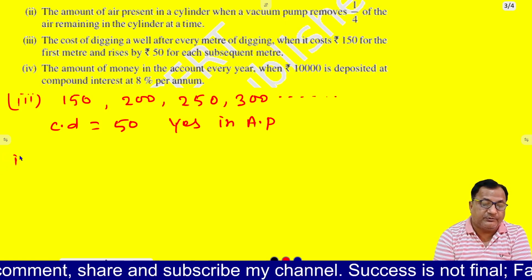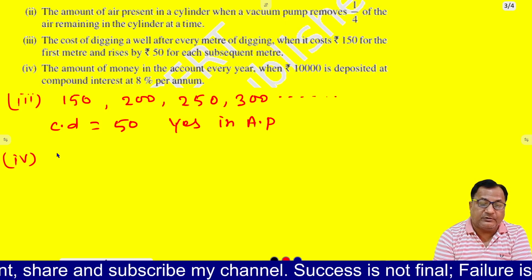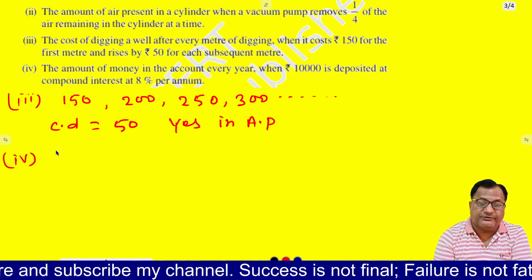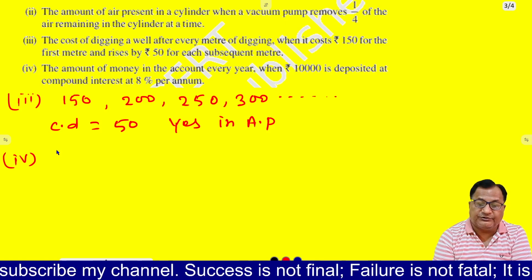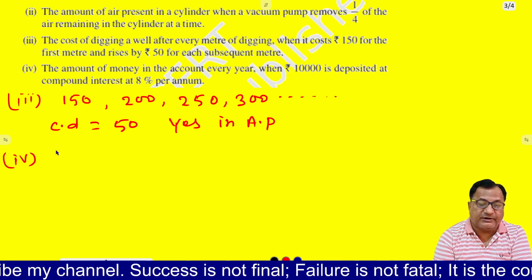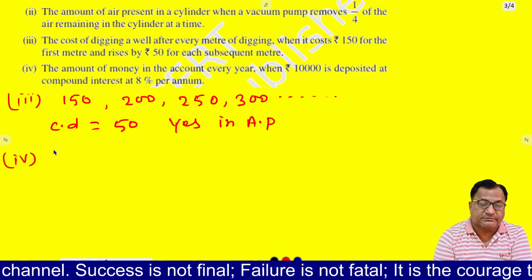Now see question number 4. The amount of money in the account every year when 10,000 is deposited at compound interest at 8% per annum.